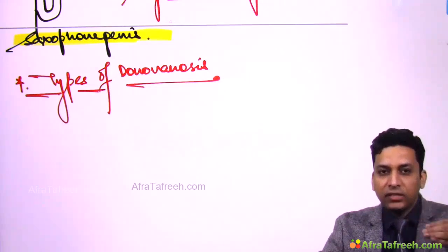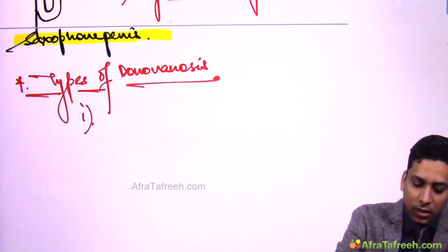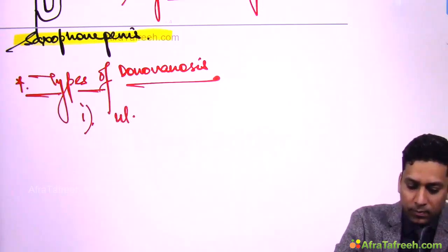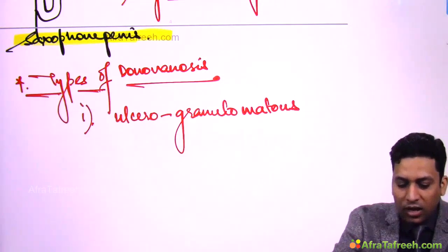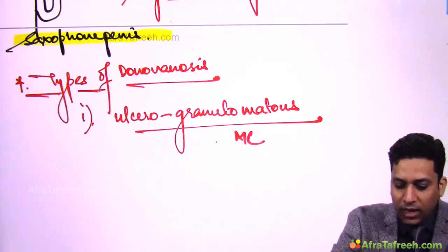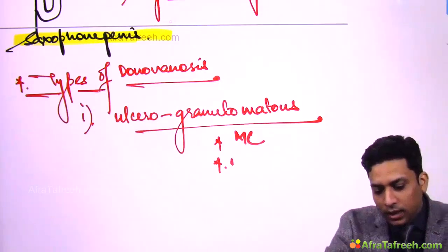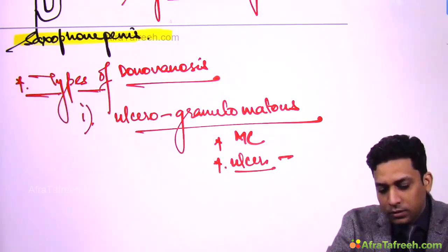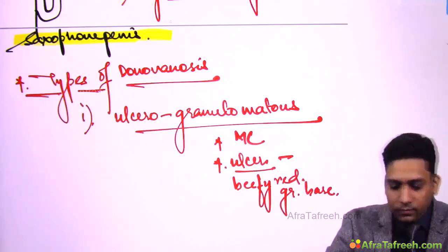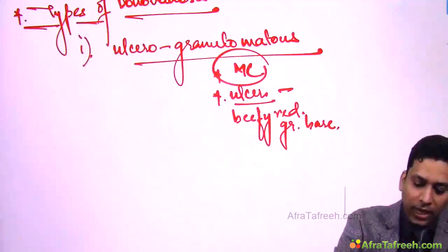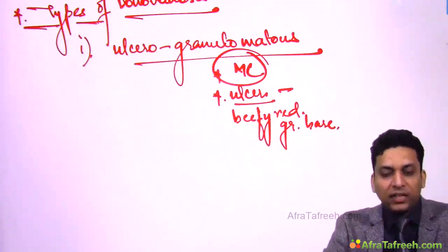So the type which we have discussed is known as ulcerogranulomatous, and this is the most common type. As I told you, here an ulcer with a beefy red granulomatous base is seen. So this is the most common type of donovanosis, but there are a few other types also.